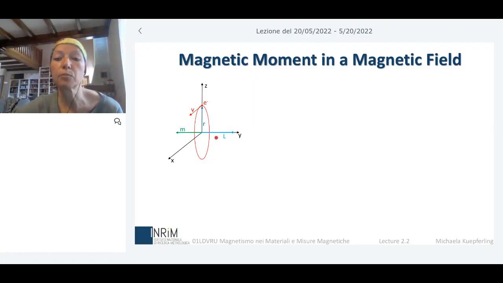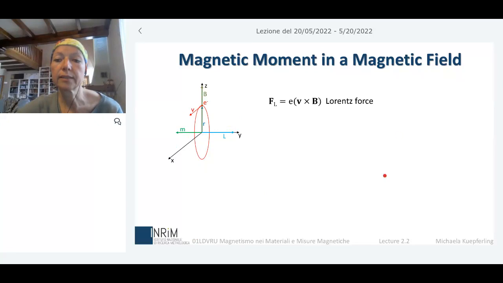We have a magnetic moment produced by this ring current, and this magnetic moment is proportional to L, our orbital or angular momentum. Now, let's consider that we bring it in a magnetic field. So we have a magnetic field in the Z direction.